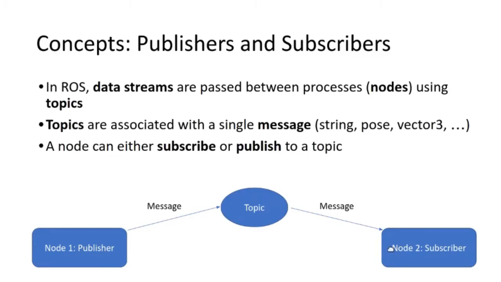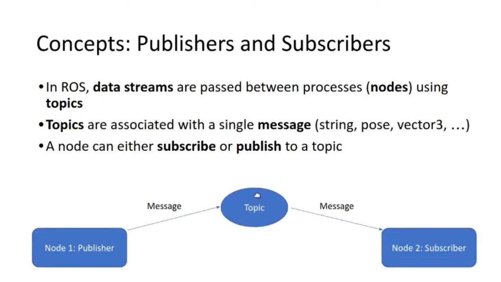The thing about publishers and subscribers is you want to use these when you want to continuously send and receive information. So you would specify a certain rate. For example, node number one publishes 10 messages a second, and node number two receives those 10 messages every second.